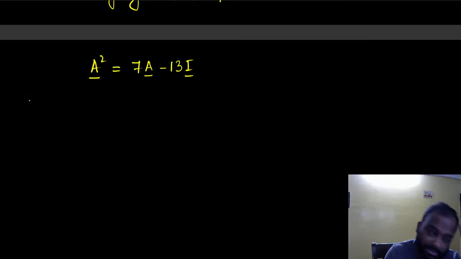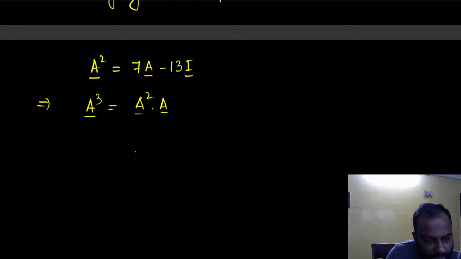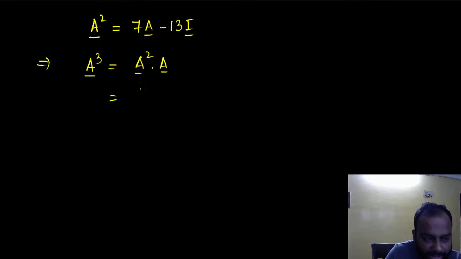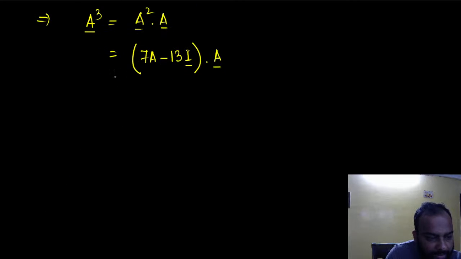Now this does not just stop here. What if I want to calculate a cube? A cube is nothing but A squared times A, and we already know A squared is 7A minus 13I, times A. So 7A times A becomes 7A squared, minus 13I times A, so that's 13A.